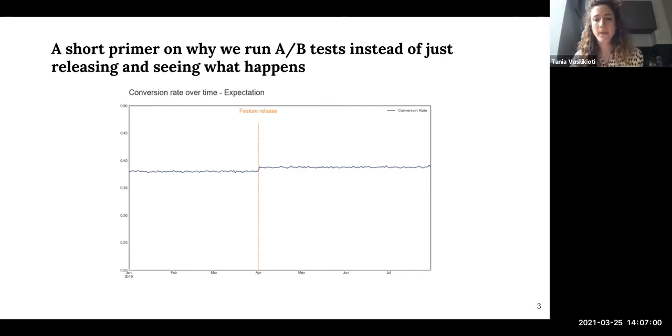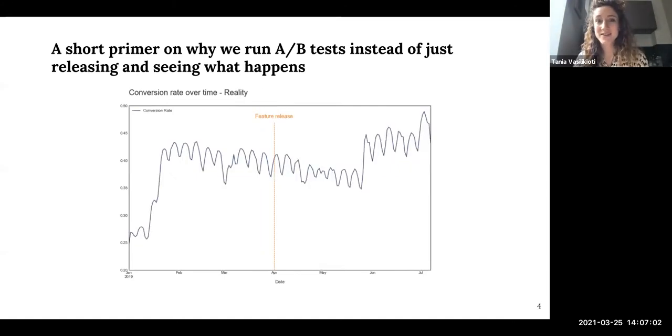But the maybe sad reality is that metrics and data are not flat, and they have all kinds of influences, both from inside and outside. So, for example, here, this metric has a lot of seasonality. It's a yearly seasonality. January is very low, but then it picks up and then it drops again in the summer.